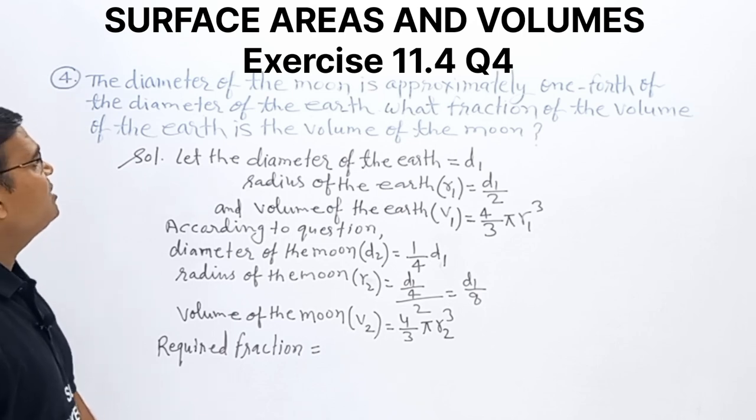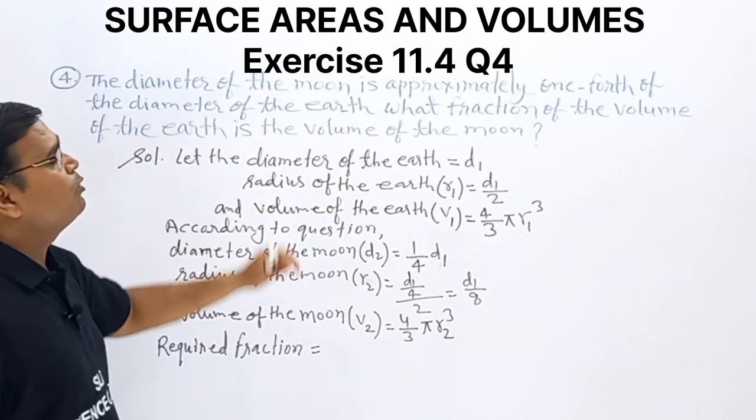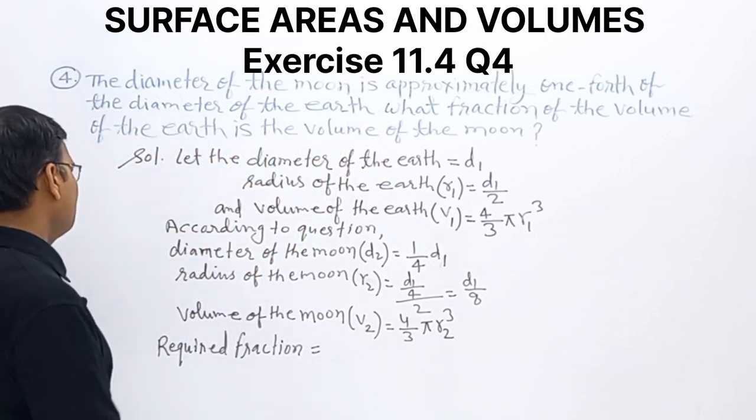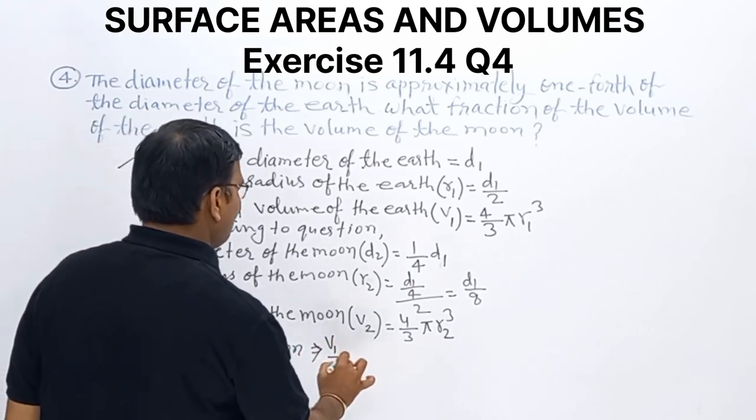Volume of the earth to volume of the moon equal to what? The required ratio equal to v1 upon v2.